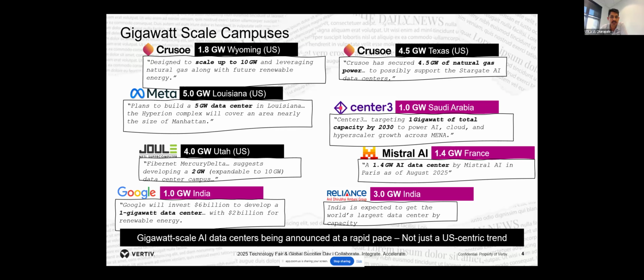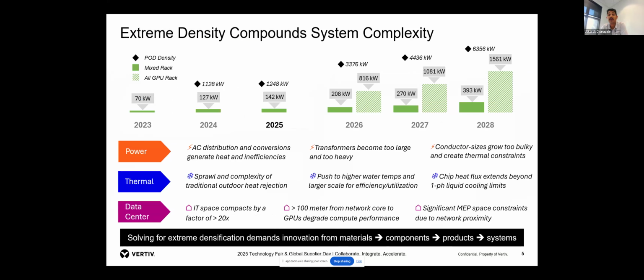We need to be ready for all this, right from our investments, to our technology, to everything. Now, we have been throwing around the word extreme densities. What does density mean? With the current infrastructure, from power and thermal to the data center level, we are at 142 kilowatts per rack, which means one rack can handle 142 kilowatts.